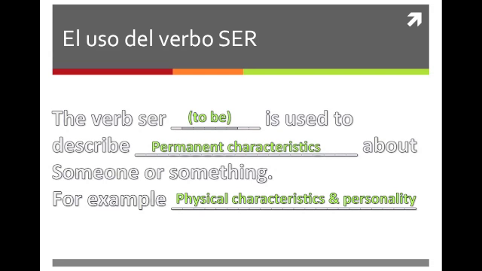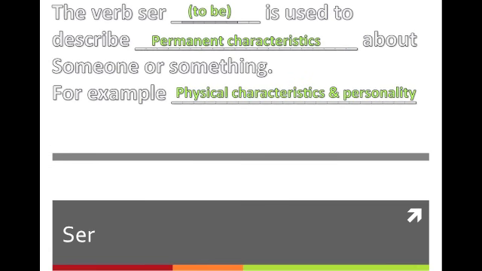If you are tall, you'll pretty much always be tall. If you're short, you're pretty much always going to be short. If you're black or white, those are pretty much things that are permanent. And I know what you're thinking, Michael Jackson, Sammy Sosa, yeah, those are rare cases. Okay, so to be, ser, you use it to describe permanent characteristics of a person.